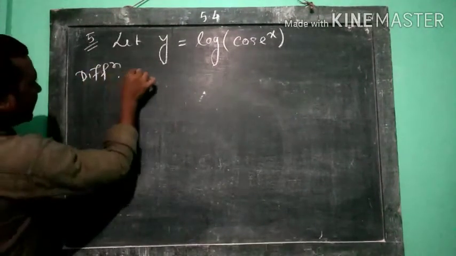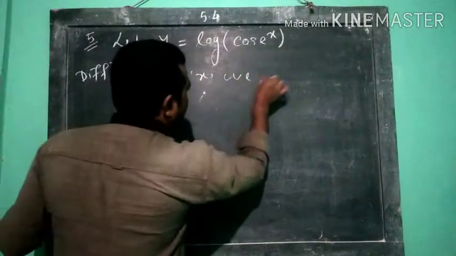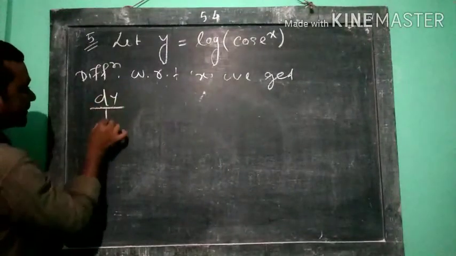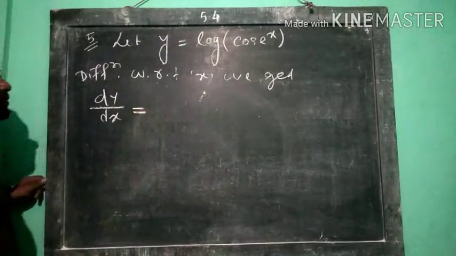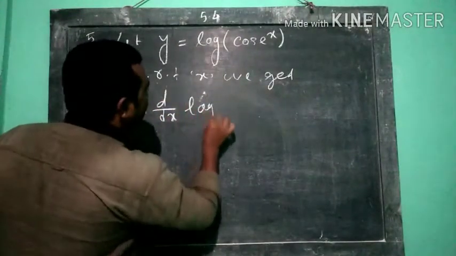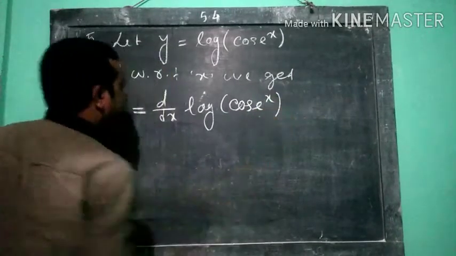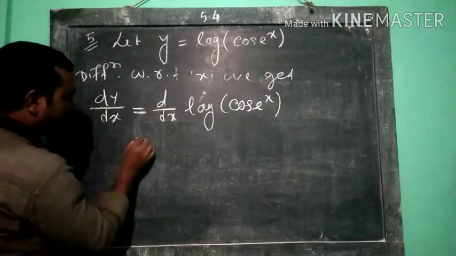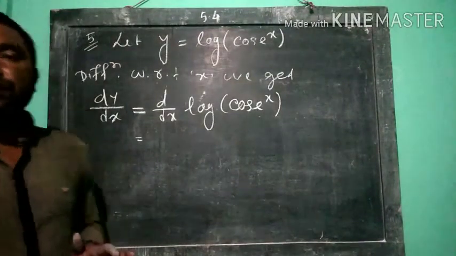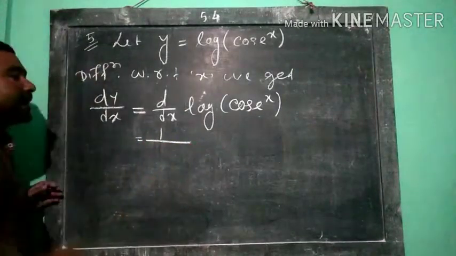Differentiating with respect to x, we get dy/dx is equal to d/dx of log cos e to the power x. So this is equal to, by the formula we know, d/dx of log x equals 1 by x.